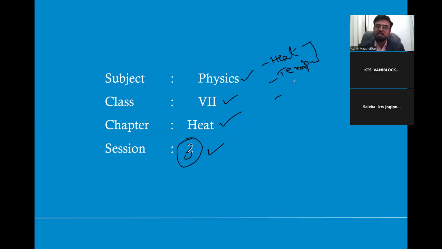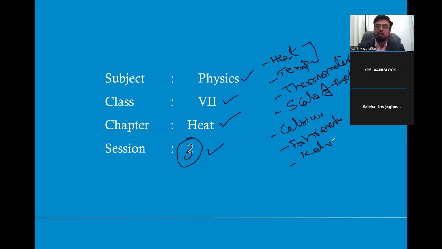Then how to measure the temperature by using the thermometer, and then we discussed the different scales of thermometer in the last class: Celsius, Fahrenheit, Kelvin, and finally Romer.